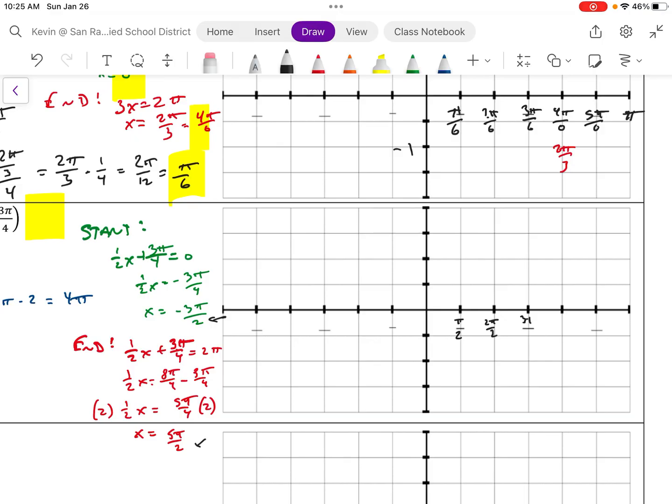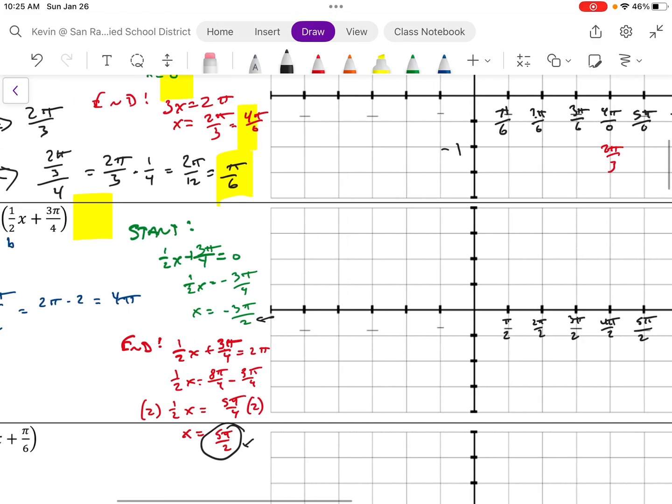So this is going to be pi over 2, 2 pi over 2, 3 pi over 2, 4 pi over 2, and 5 pi over 2. I can stop there because that's my ending place. My start is at negative pi over 2, negative 2 pi over 2, and negative 3 pi over 2. That's my starting point.